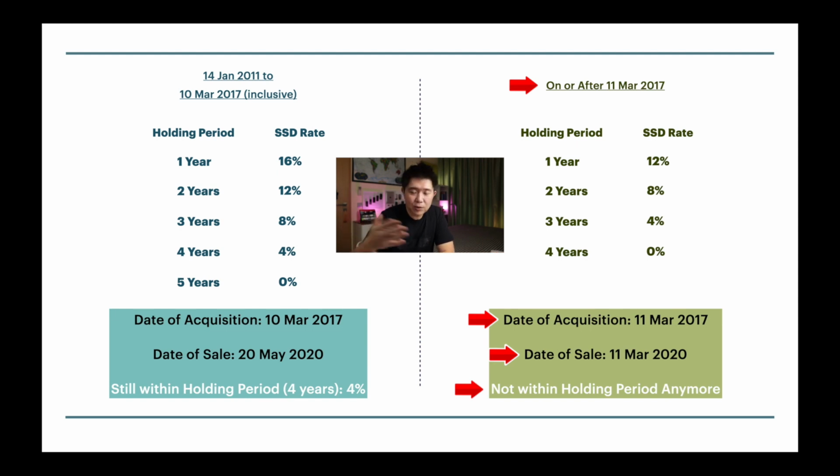That's because as you enter into the 4th year, it will start on the 11th of March 2020. But if you have sold your property on the 10th of March 2020, you're still within the 3 years time frame, and you will still be taxed at 4%. But in this case, because you sell it right on the day that you go into your 4th year, you pay 0 SSD. Hope this is not too confusing.